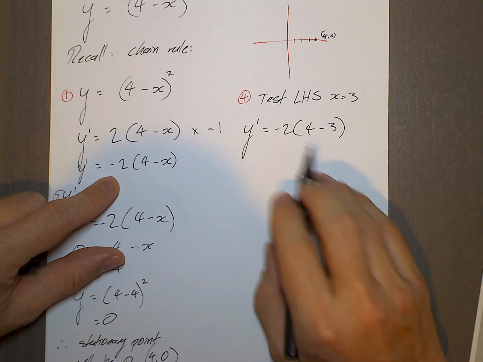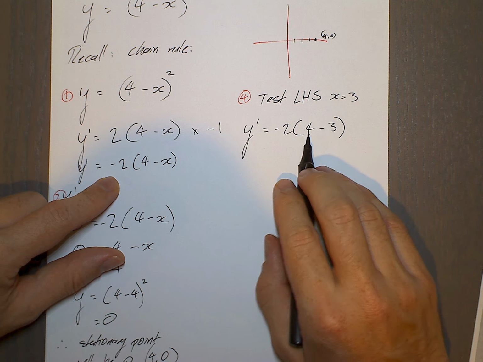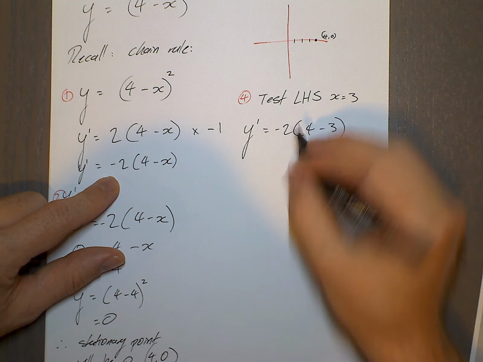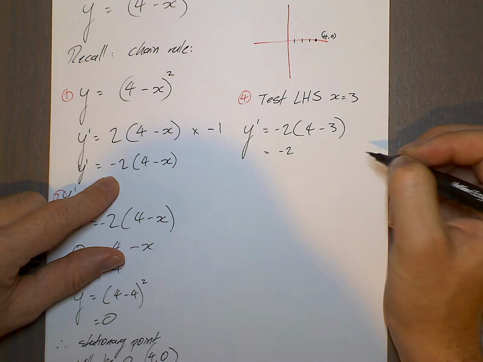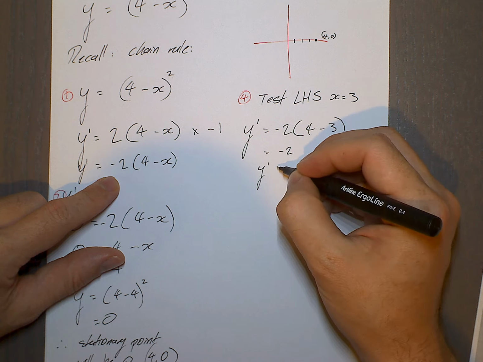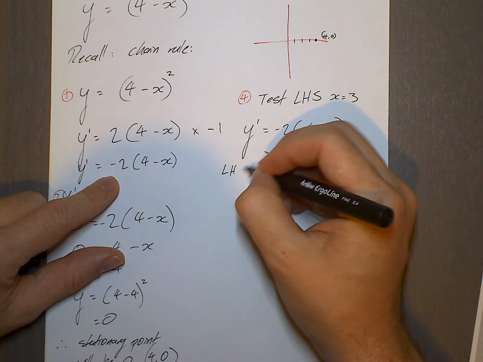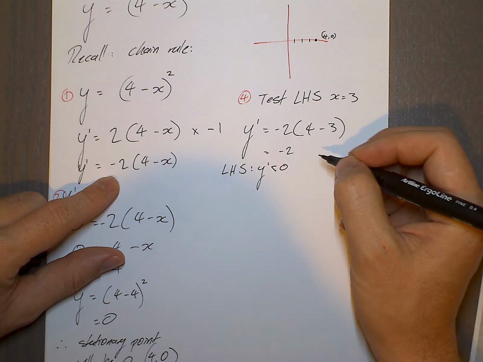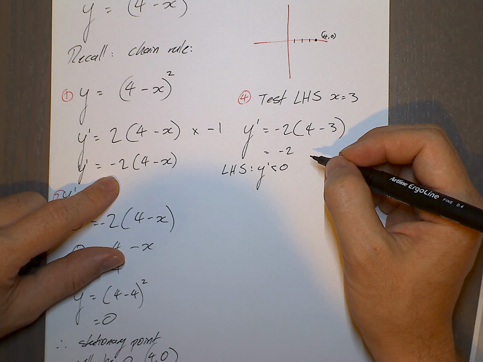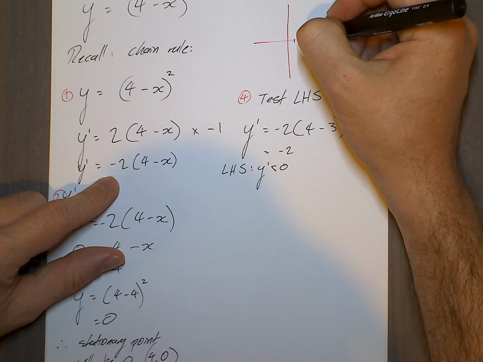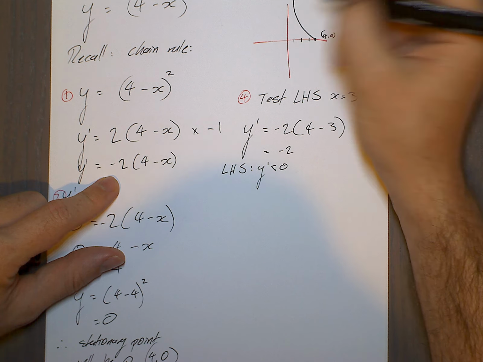So 4 minus 3 will be 1. 1 times negative 2 will be negative 2. So y dash on our left-hand side is less than 0. That tells me it's negative, so it's coming down in some way.